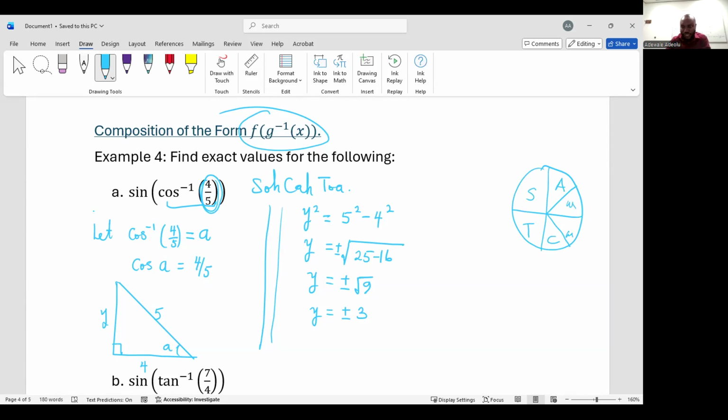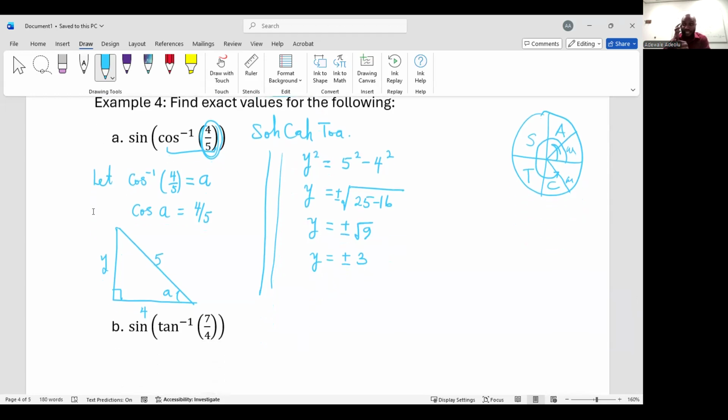I'm going to conclude that my angle is in the first quadrant, because the angle that will make this to be here is now outside the restricted domain for cosine. So I can just conclude that my value is positive, right? That is, my angle is in the first quadrant, which will make y positive there as well.